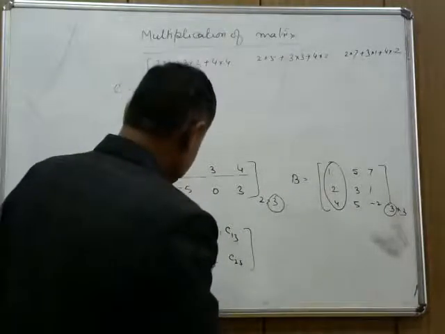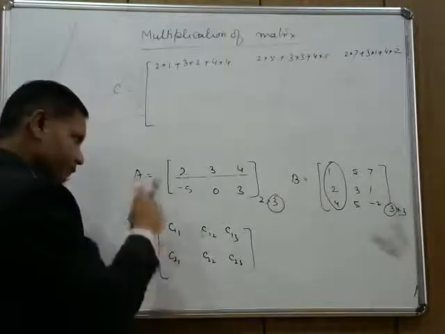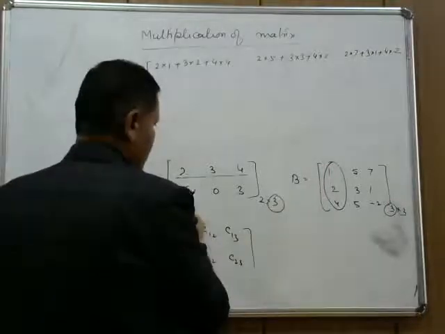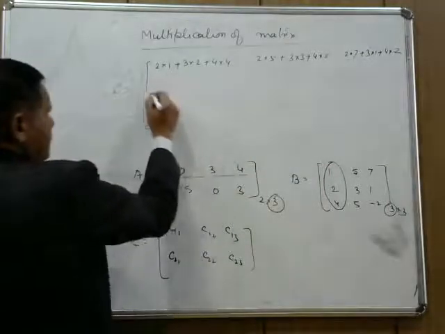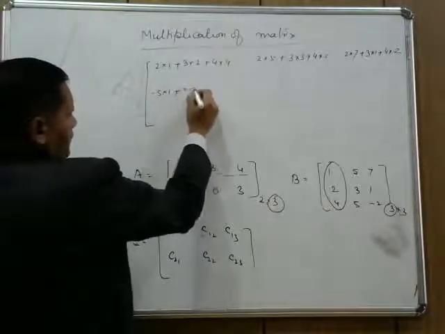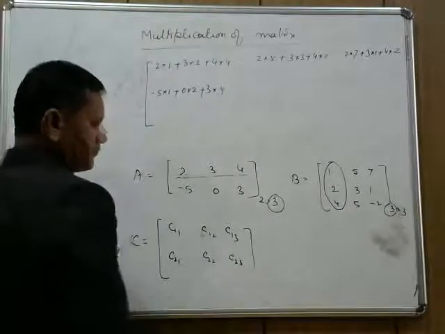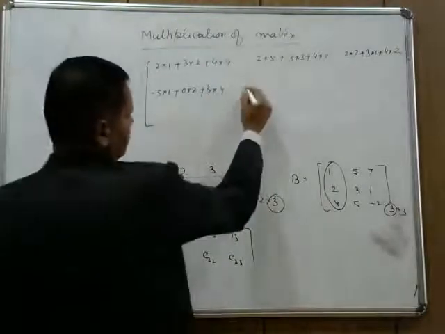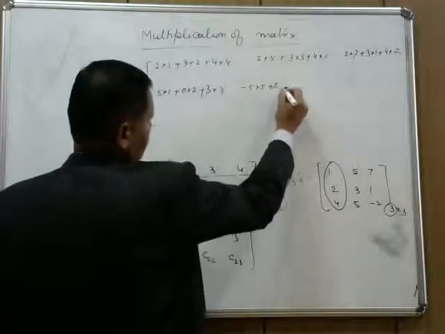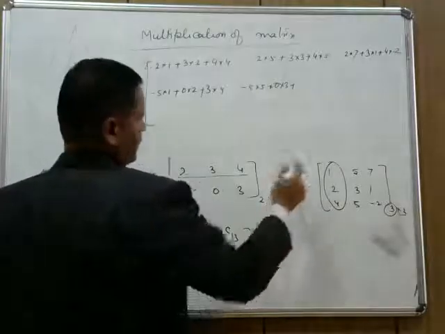Now the second row of matrix A and the first column: minus 5 multiplied by 1 plus 0 multiplied by 2 plus 3 multiplied by 4. Now minus 5 multiplied by 5 plus 0 multiplied by 3 plus 3 multiplied by 5.